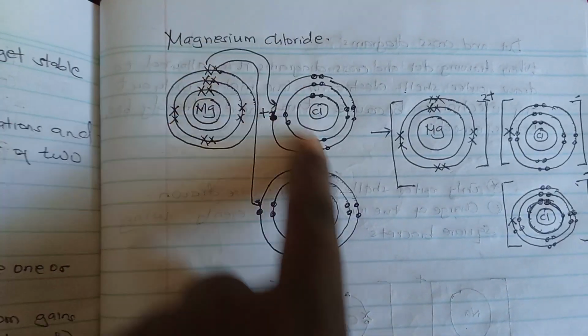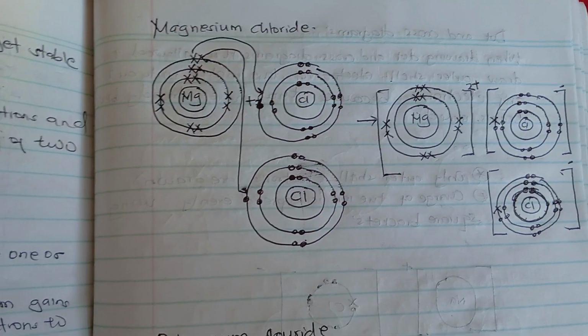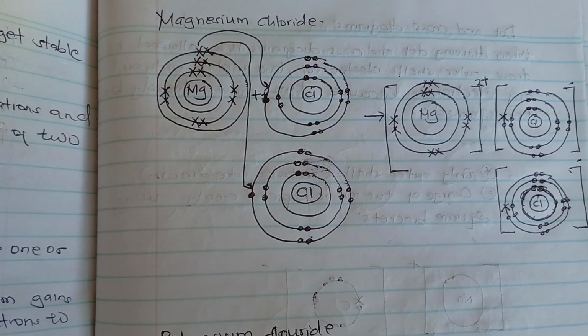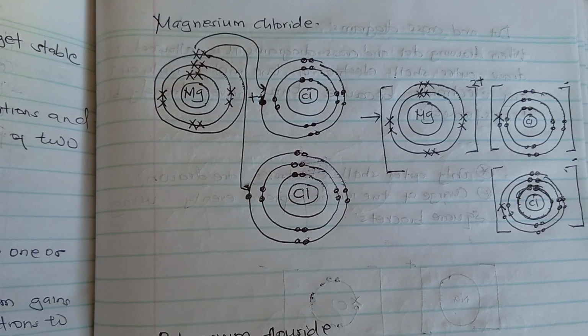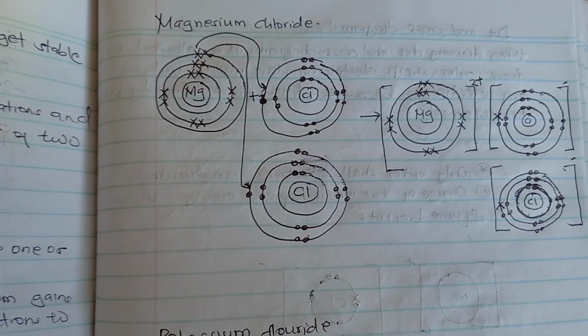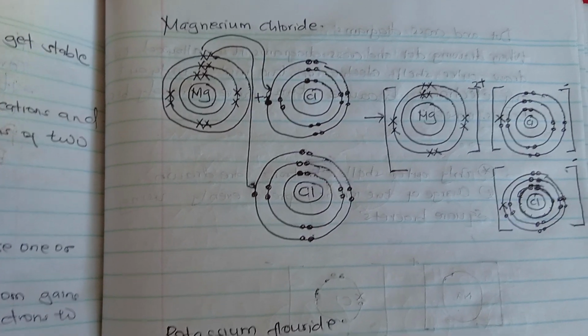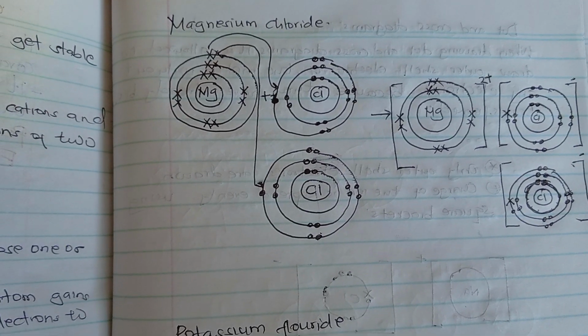So one has been transferred to the first chlorine, and the second one to the second chlorine. You form a magnesium ion with one less energy level because it has lost the two electrons, and two chloride ions that have each gained an electron. So there is complete transfer of electrons from the metal to the non-metal.